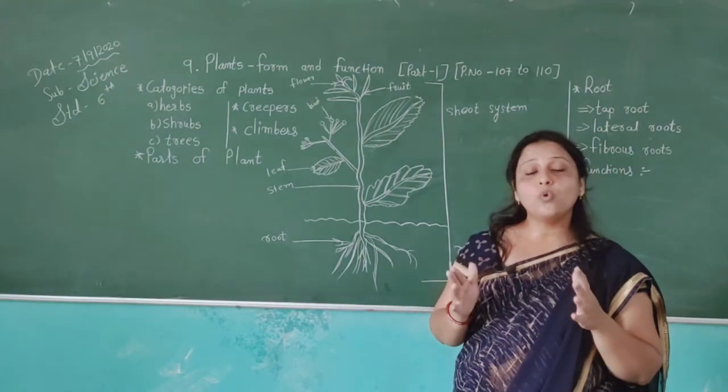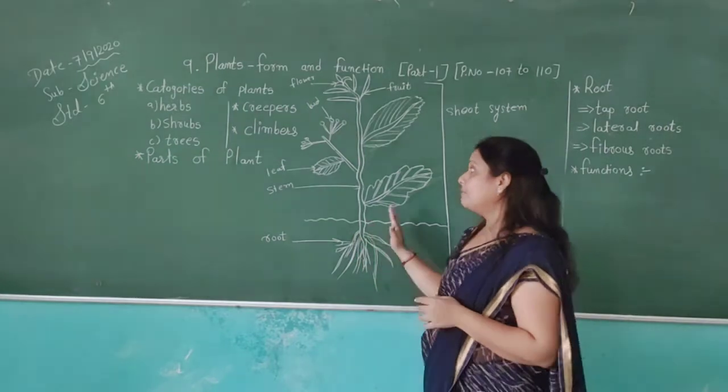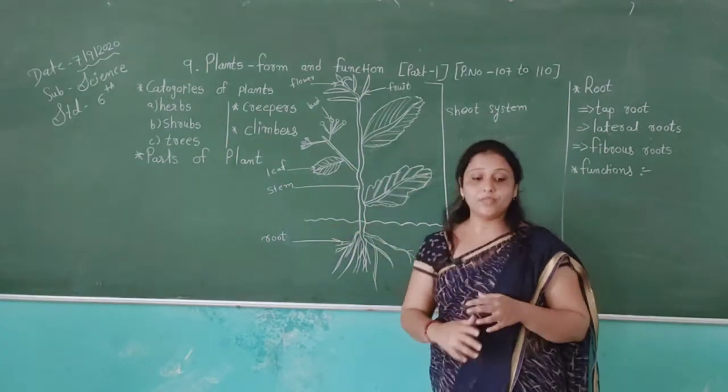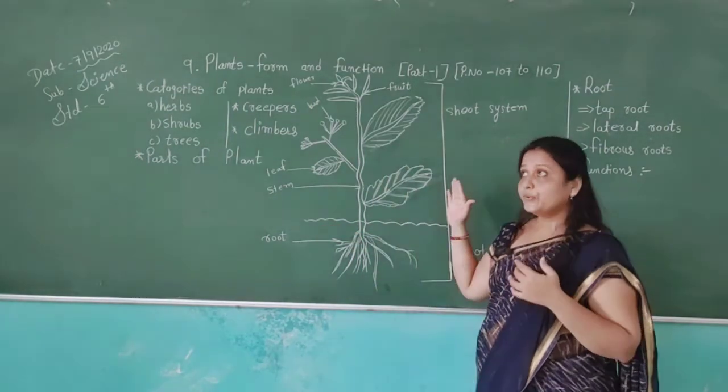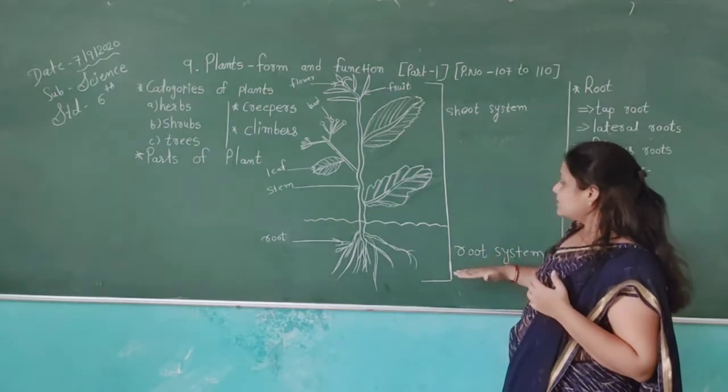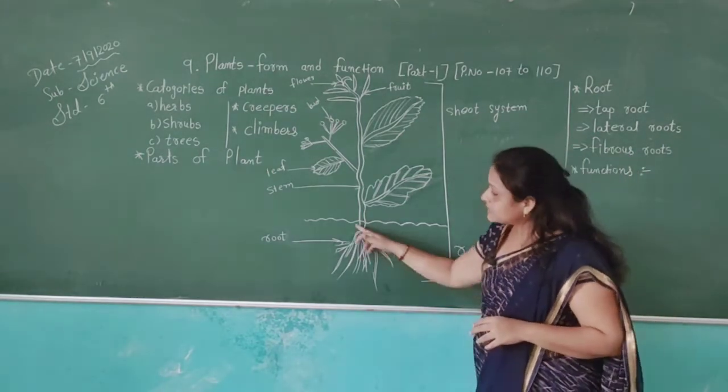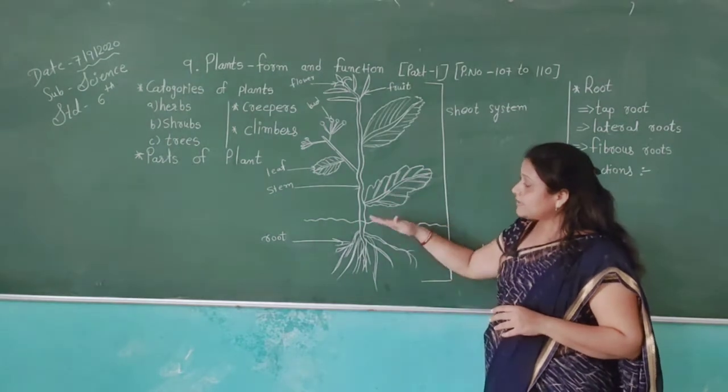So we have learned more things about the plants. Here are the parts of the plants: shoot system and root system. We can see here the root. Root means the underground area.